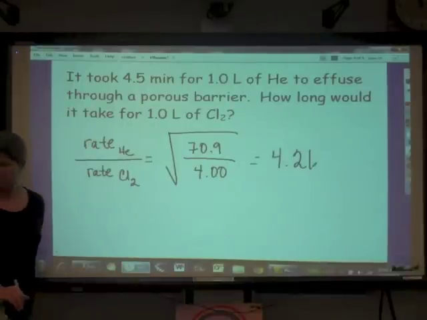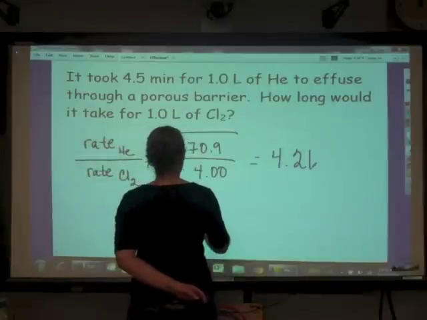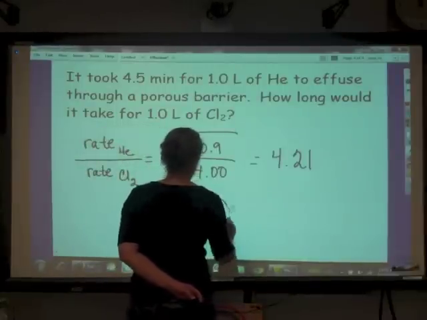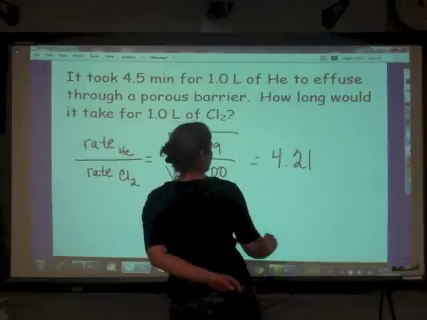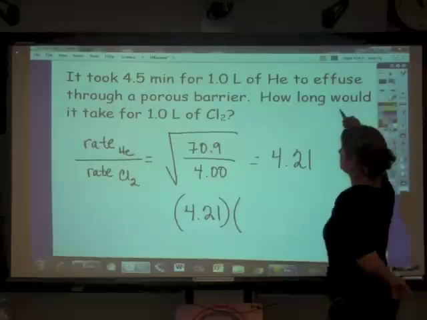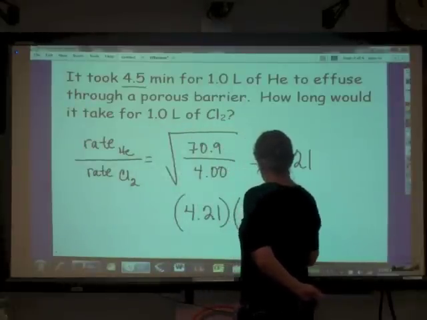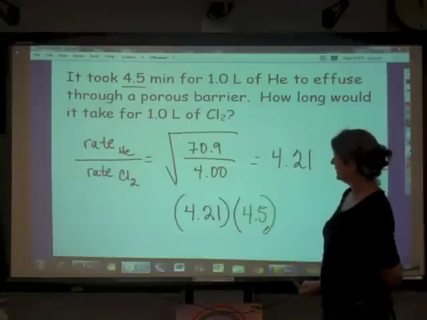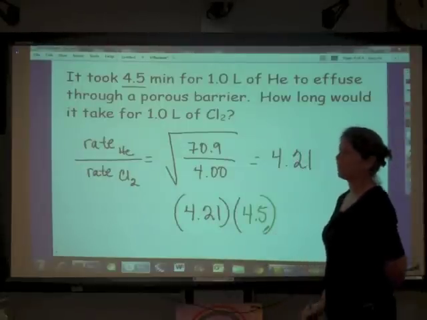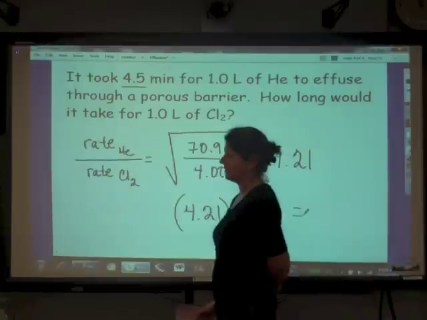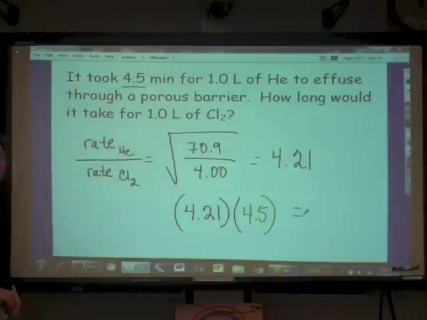So we're going to say 4.21, and our time here took 4.5 minutes for the helium, and it's going to take the chlorine 4.21 times longer. So our total amount of time is what? You solve that, and we'll look at that tomorrow in class. All right, so, of course, the smaller the molar mass, the faster the effusion is going to be.